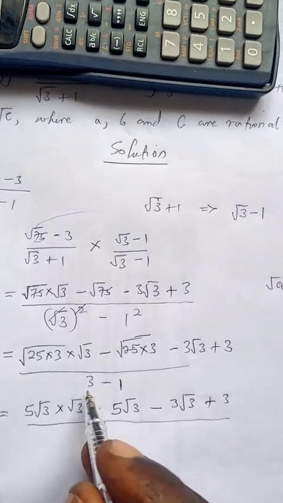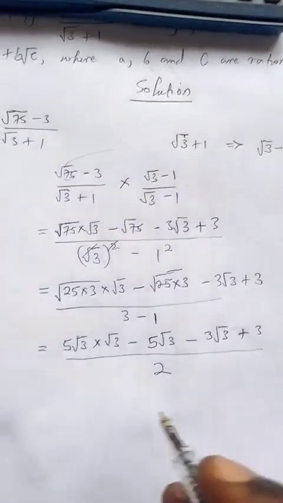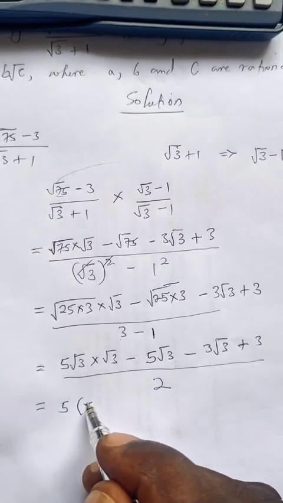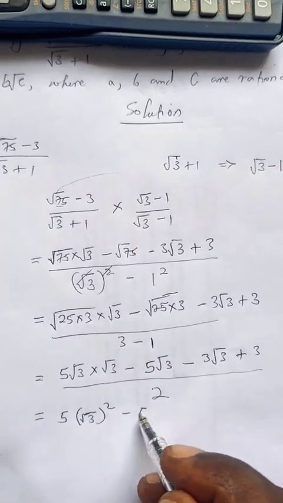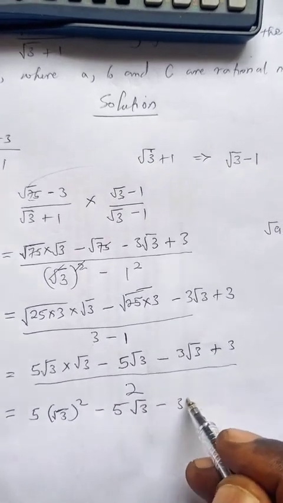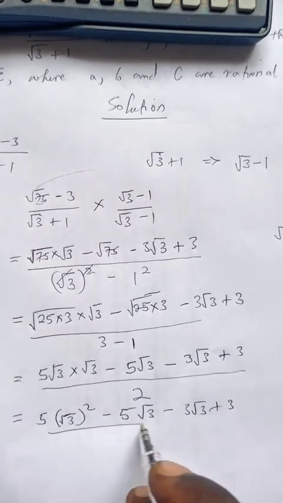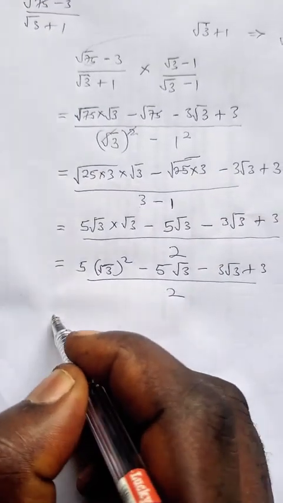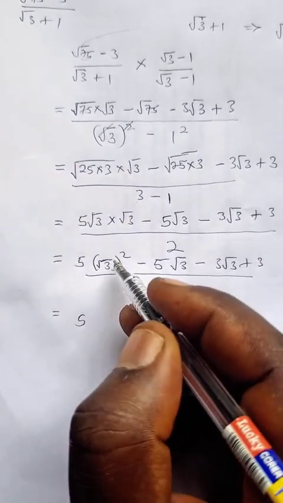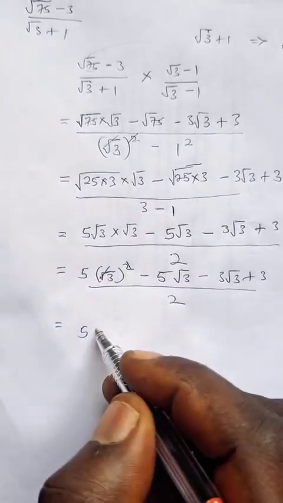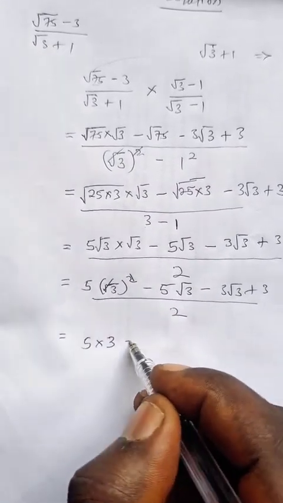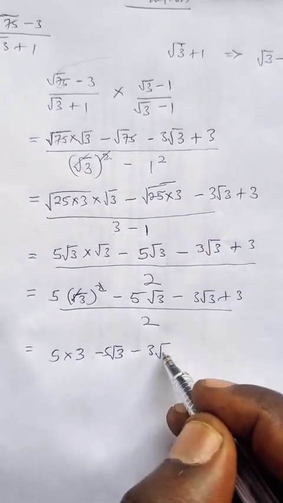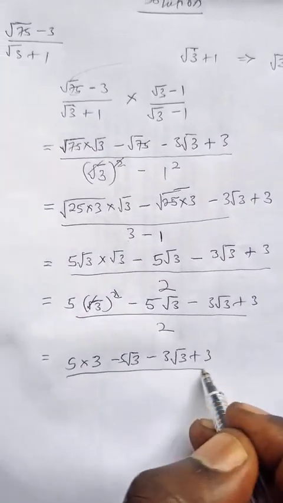We divide by 3 minus 1, which gives 2. So we have 5 times root 3 squared, minus 5 root 3, minus 3 root 3 plus 3, all divided by 2. The square and the root cancel, so we are left with 5 times 3 minus 5 root 3 minus 3 root 3 plus 3, all divided by 2.